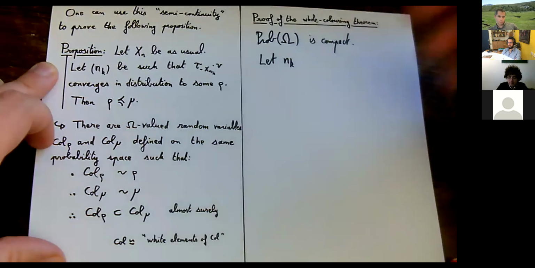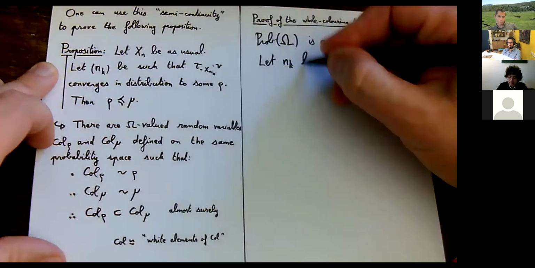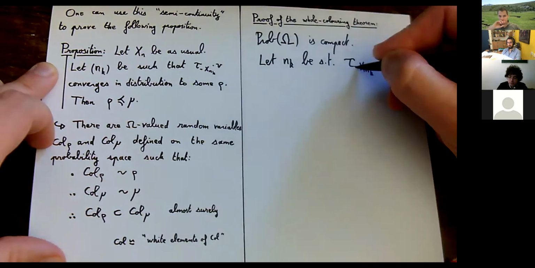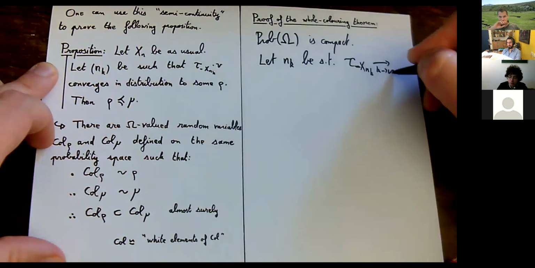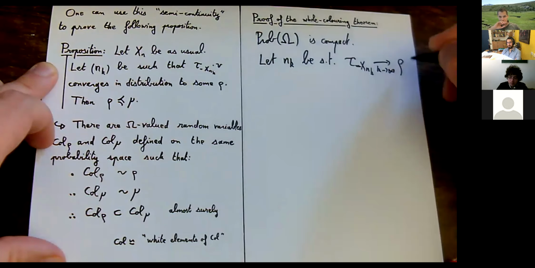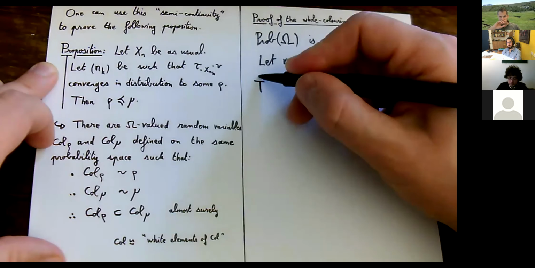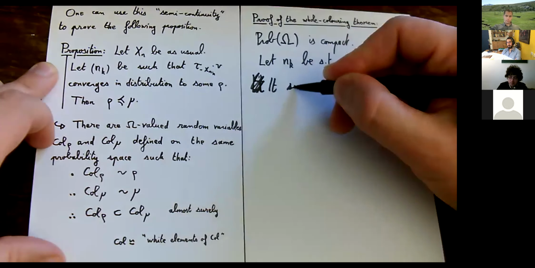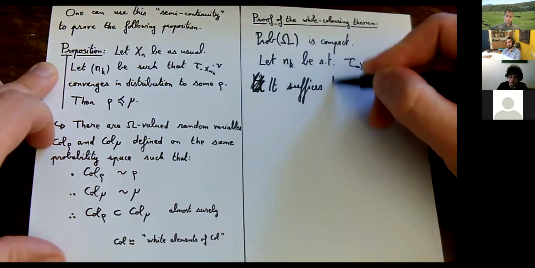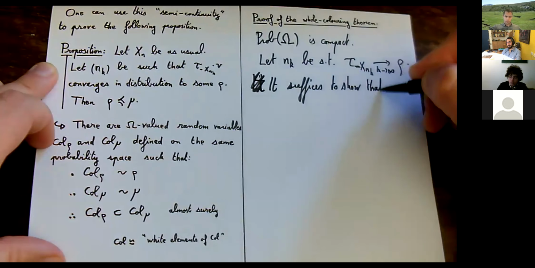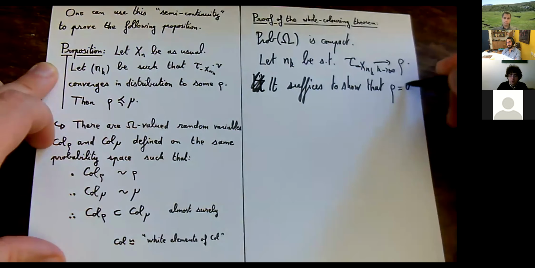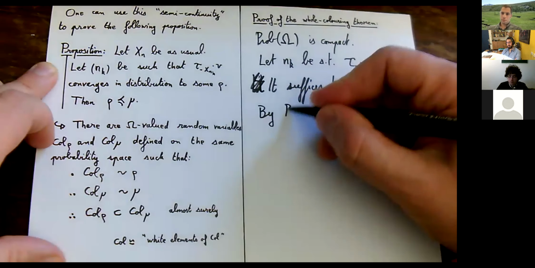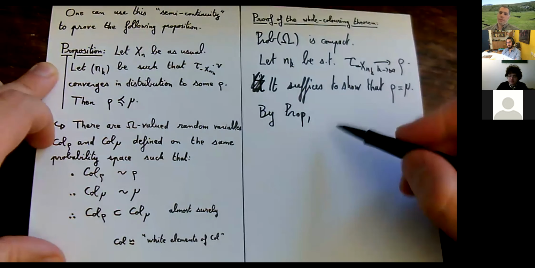So let nk be such that tau minus xnk converges to something, which I call rho. It suffices to show that rho is equal to mu. By the proposition, rho is stochastically dominated by mu.